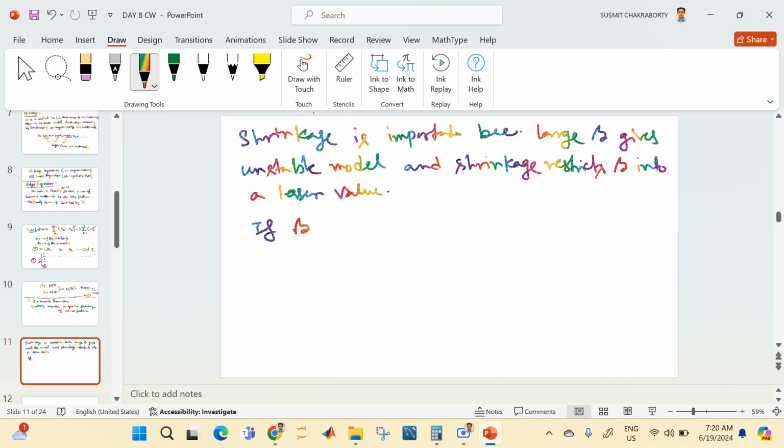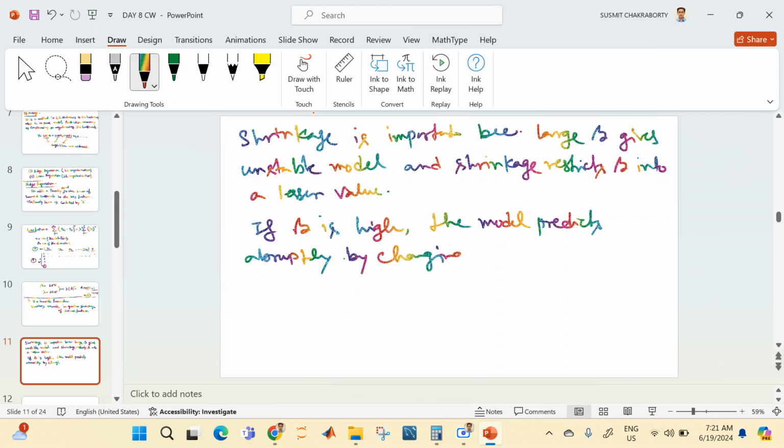If beta is high, the model predicts abruptly by changing very small features.